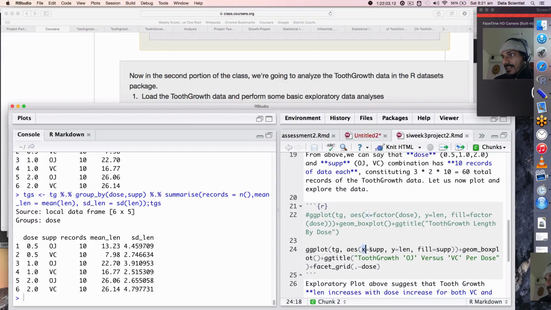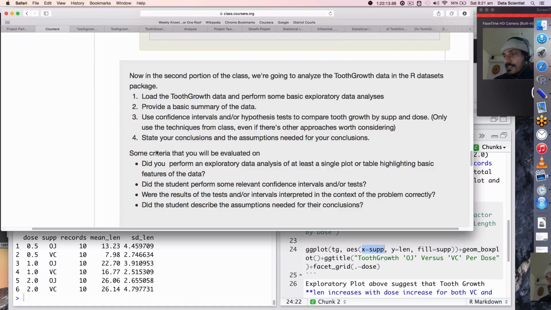In my case, I've taken x-axis as supplement, SUPP, and y-axis as the length of the teeth. In all cases, y-axis is of interest because that is the response parameter. Eventually he's saying use the confidence interval, etc., to compare tooth growth by supplement and dosage, so that's what I have to compare.